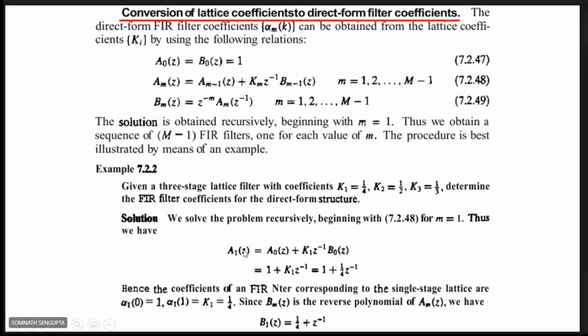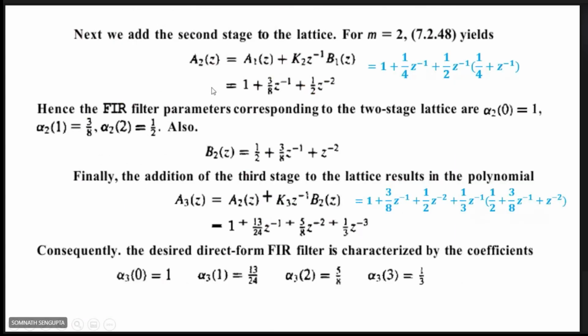First you calculate A1z using this formula, A0z plus K1 z inverse B0z. Then once you get A1z, you will get B1z. A1, B1, you have got it. Then from the expression, you will be able to calculate the alphas, the direct form filter coefficients.